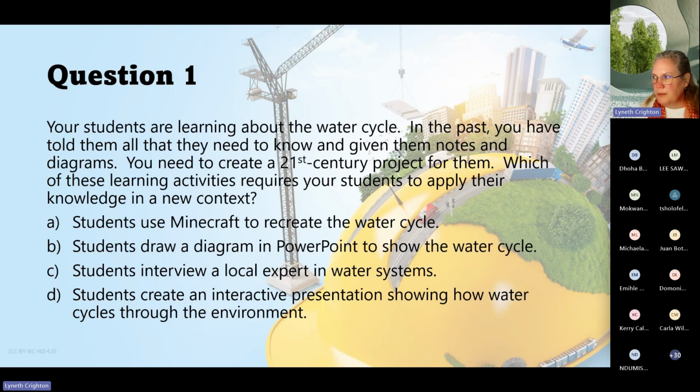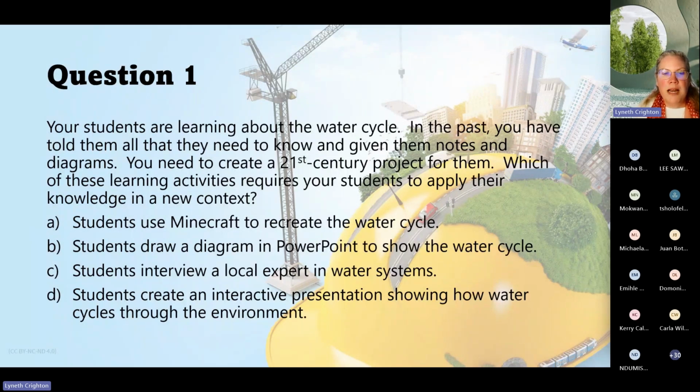So now, when you're writing the exam, don't get caught up with the tools that they're using, because it's a question of, if you're recreating the water cycle in Minecraft, are you just showing me your knowledge in a different program?